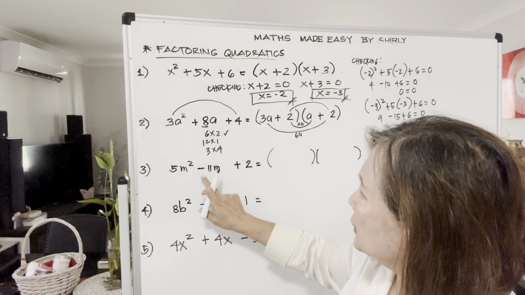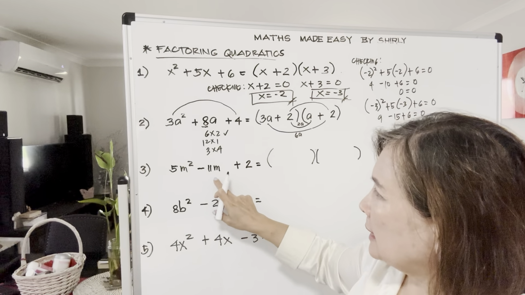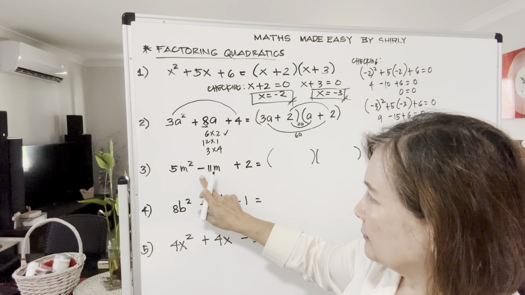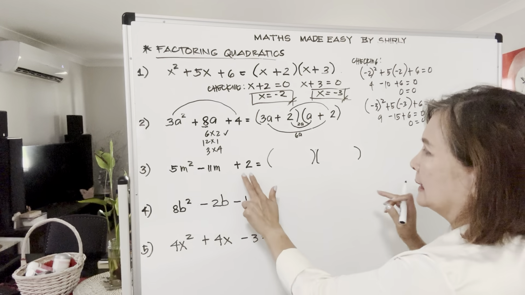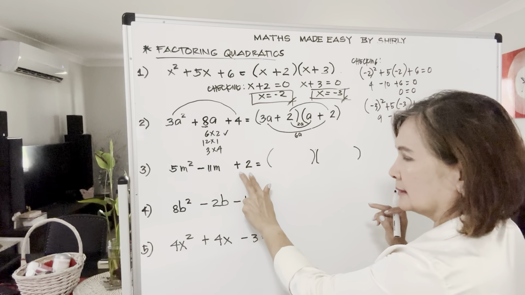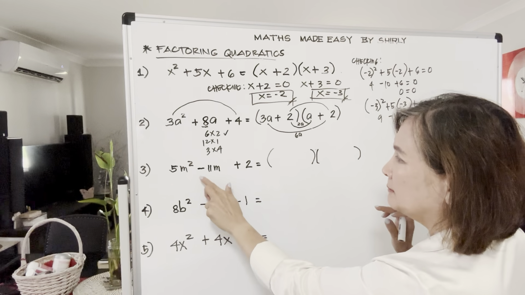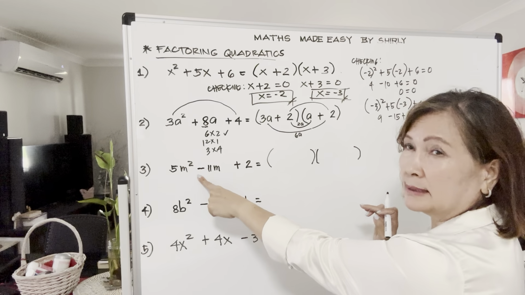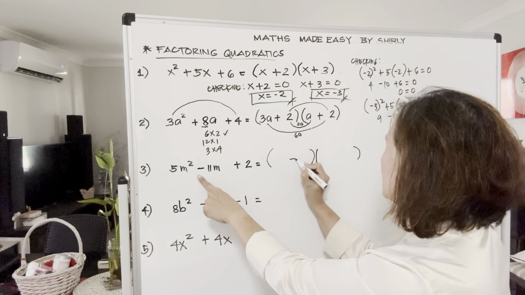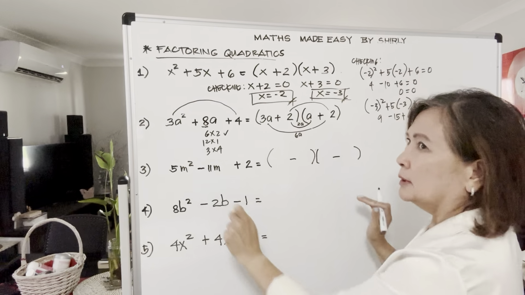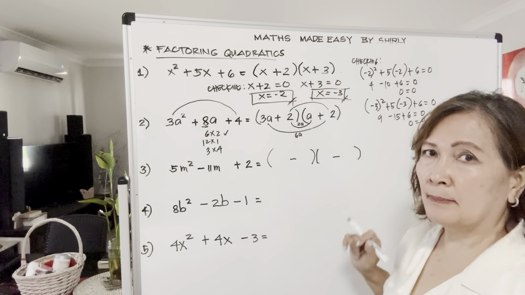But take note that the middle term is negative. When the last term is positive but the middle term is negative, expect that the two binomials will have negative signs.